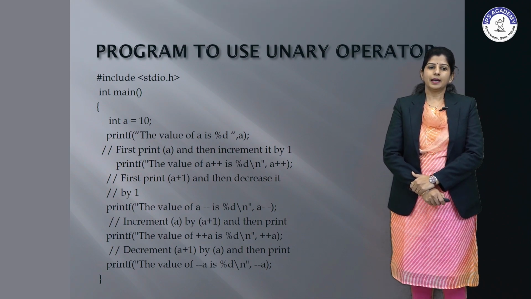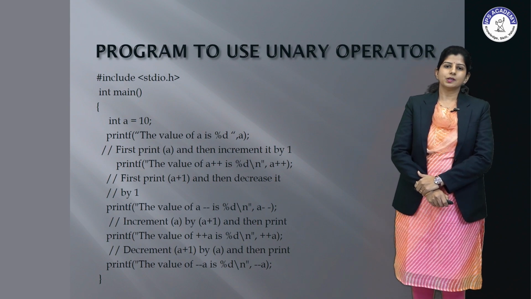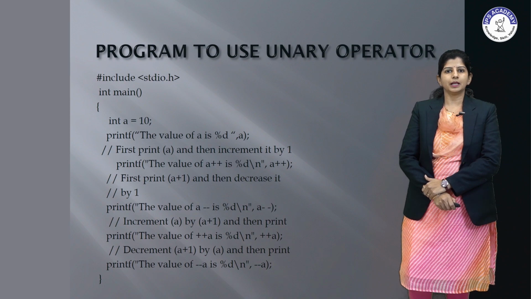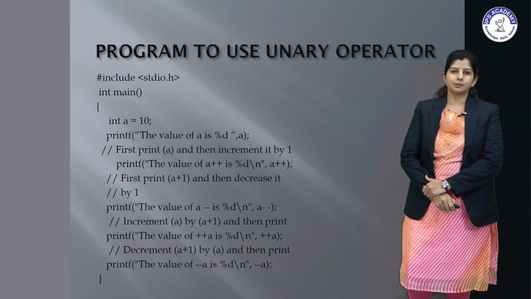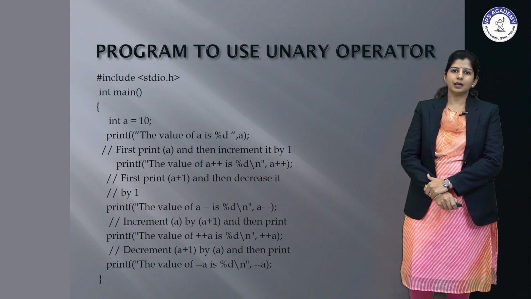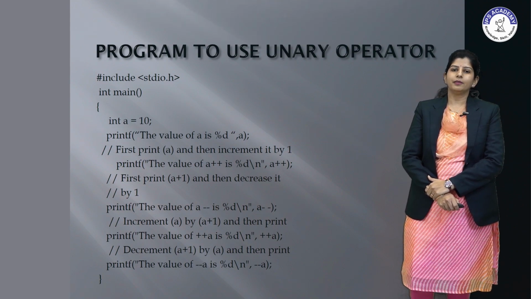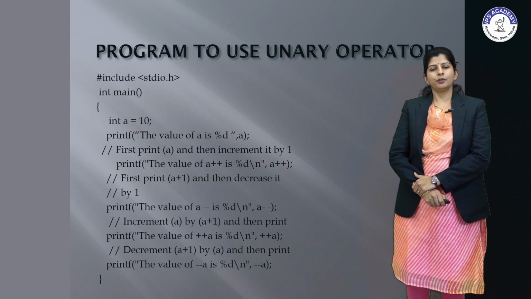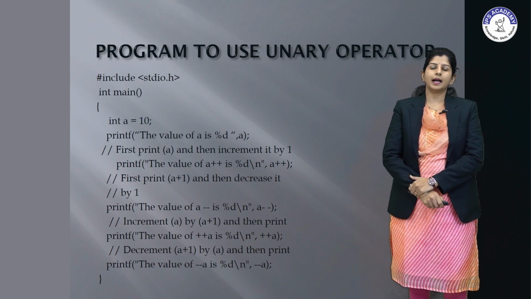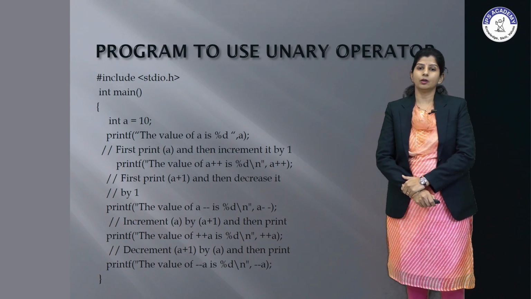Now we have the printf function, which is used to print the value of A, and I am printing A by using the format specifier %d. By using this we get the output: the value of A is 10. Next, if we want to increase the value of A, for this increment I want to use the unary operator.